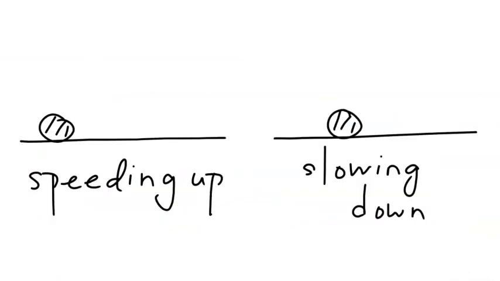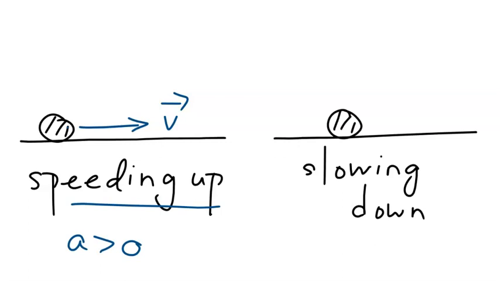Now let's try to understand the direction of acceleration. If an object is speeding up, the acceleration is positive, meaning the acceleration is also going in a rightward direction, along i hat direction.